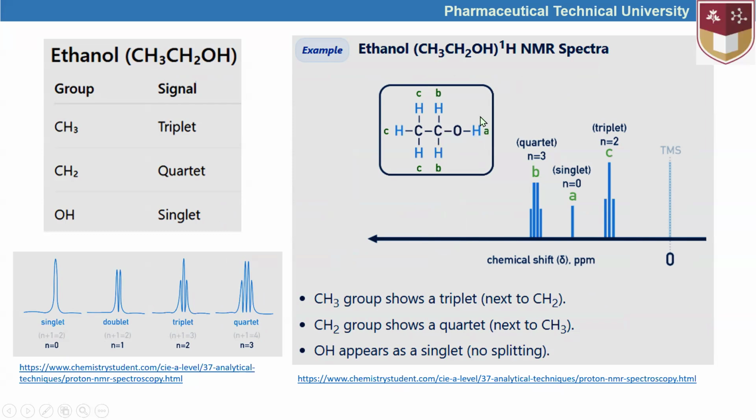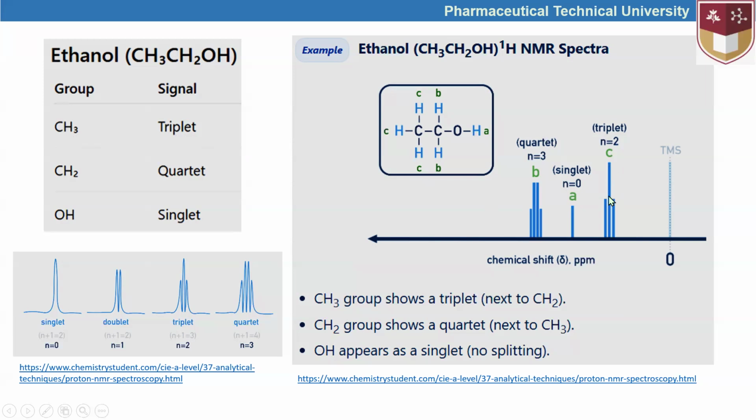This is understandable. So this is A category, these 2 are B category, and these 3 belong to the 3rd category. So the methyl group can be classified as triplet, and as we see here, triplet.